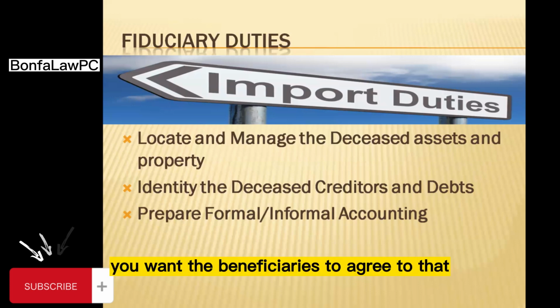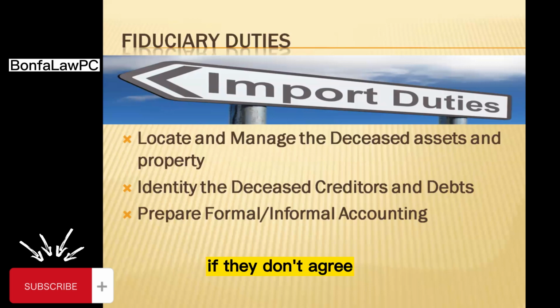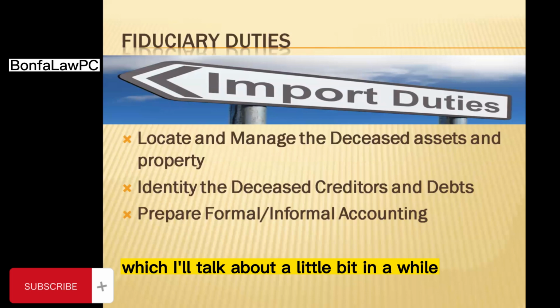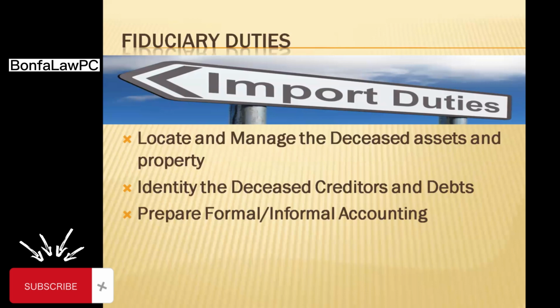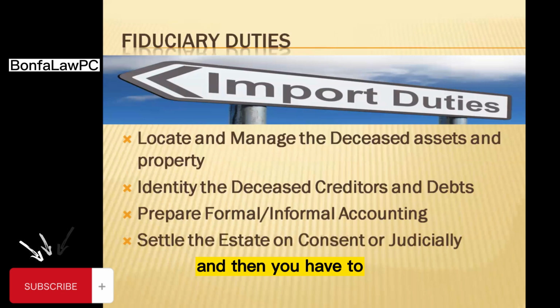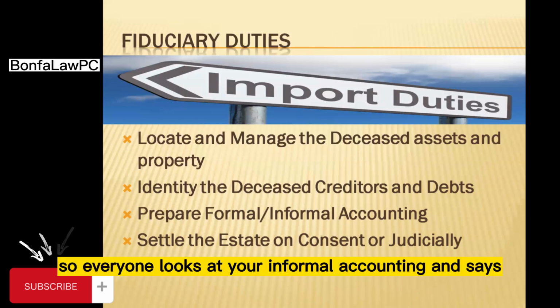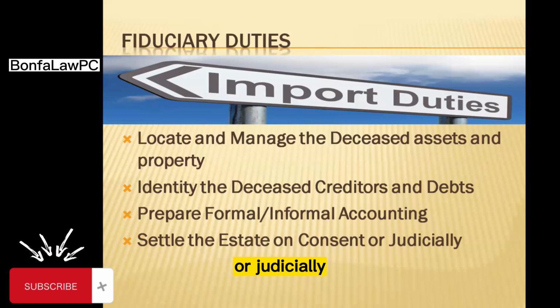So at the end of the day, you prepare a formal or an informal accounting. You want the beneficiaries to agree to that. If they don't agree, you have to go through a formal accounting, which I'll talk about a little bit in a while. And then you have to, as the fiduciary, move to what we call settle the estate, and it's either done on consent, so everyone looks at your informal accounting and says, yeah, that looks right to me, or judicially, if there is a problem or someone does not agree with what transpired during that.